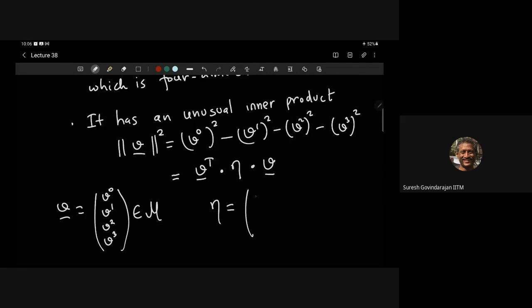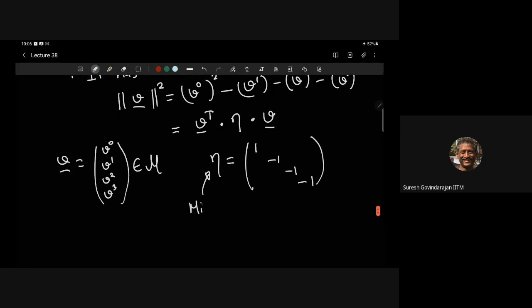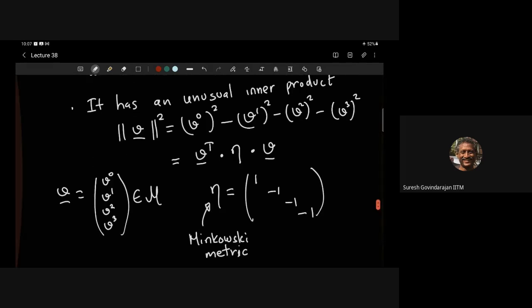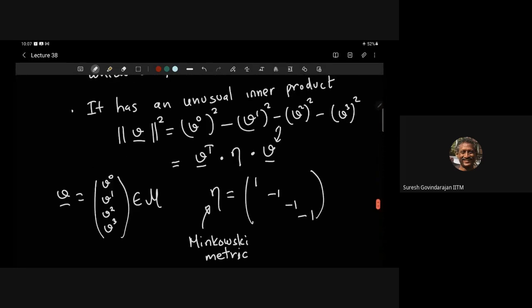It's a diagonal matrix, with 1, minus 1, minus 1, minus 1. Is this clear? It's very easy to check how to go back and forth between these.